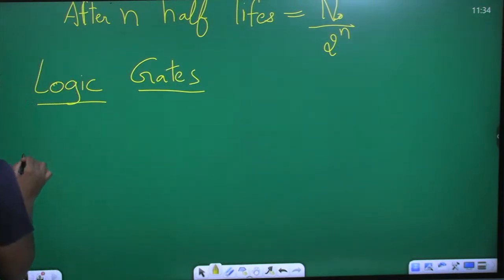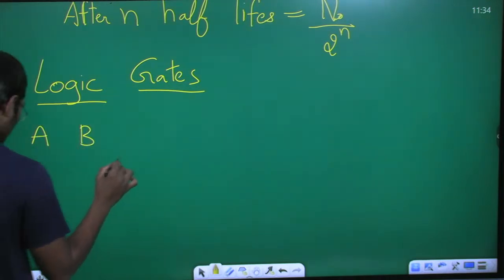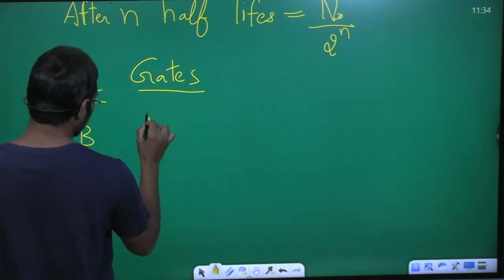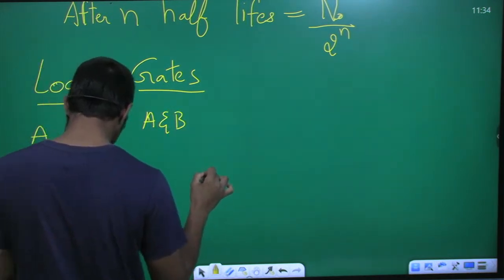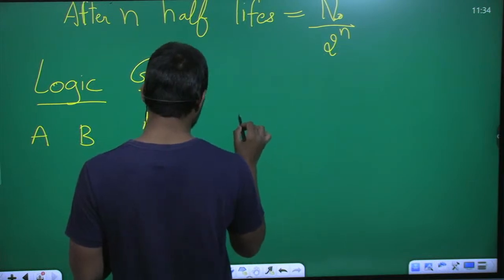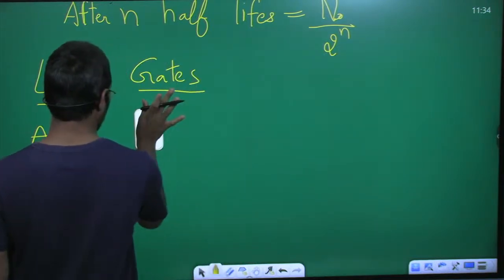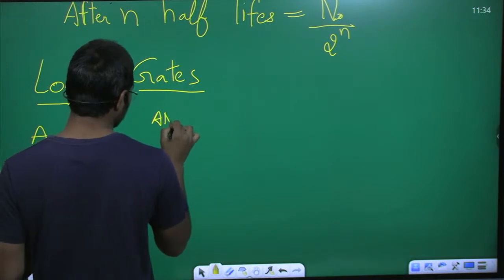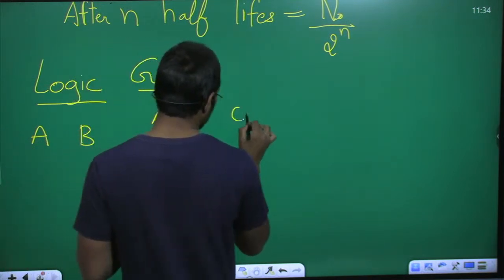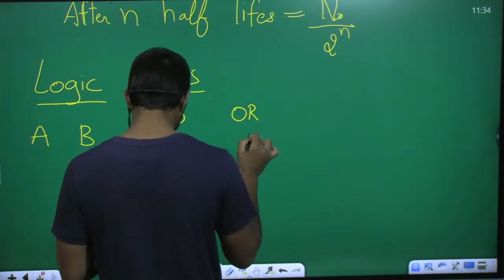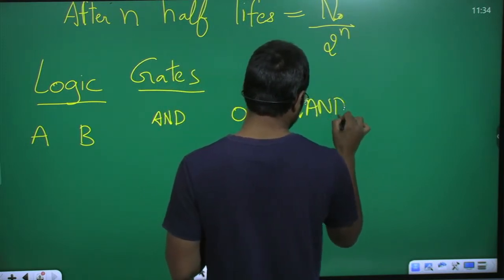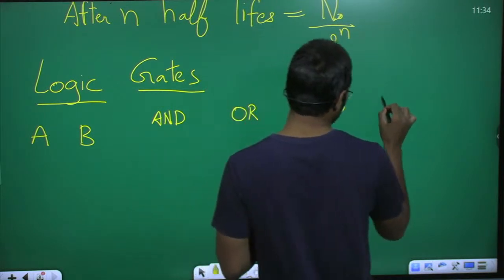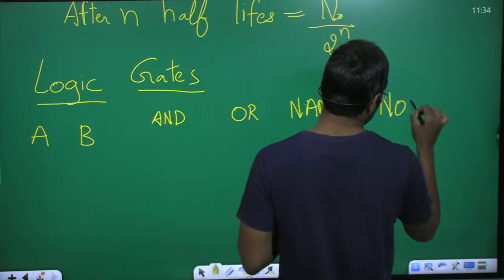So we have A and B, A or B, AND, OR, NAND, NOR, XOR.